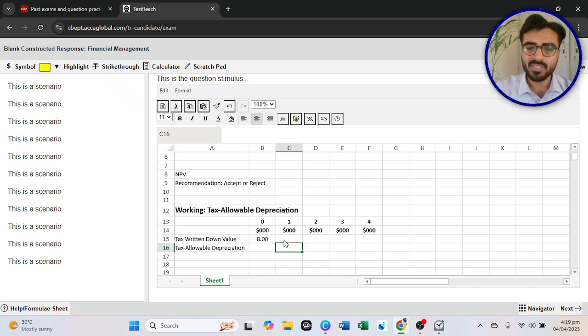Then tax allowable depreciation: how to calculate this using the reducing balance method. This is assumed knowledge from your previous studies. I'm writing the formula here for the reducing balance method.